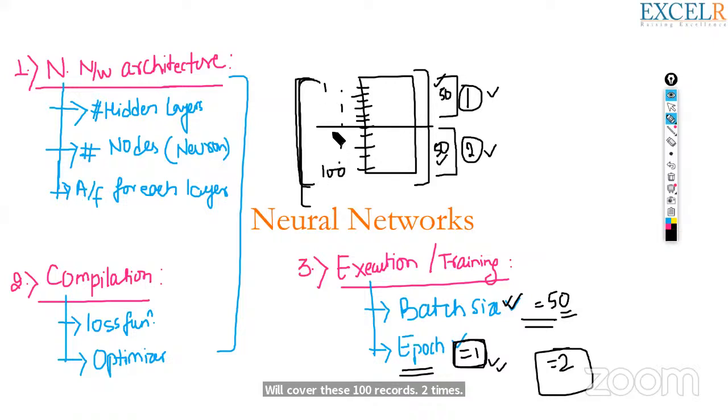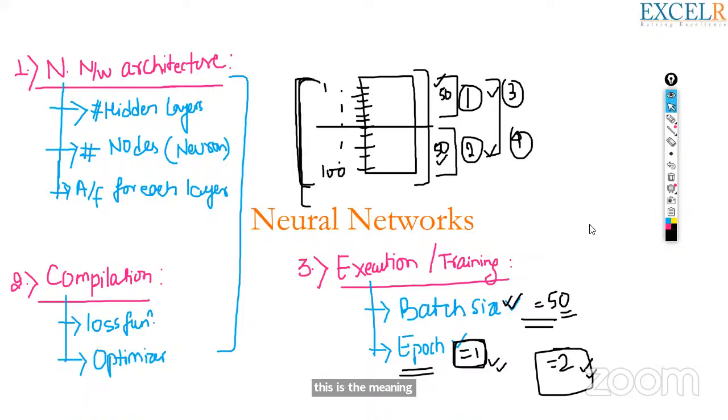To execute over these 100 records 2 times, it will take 4 iterations, because to cover 100 records once it takes 2 iterations, and then again iteration 3 and iteration 4. Then it will have covered these 100 records 2 times. So this is the meaning of epoch.